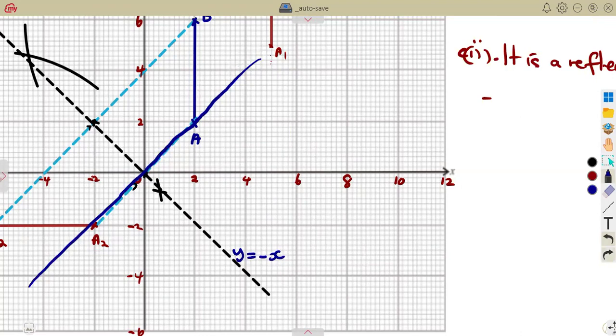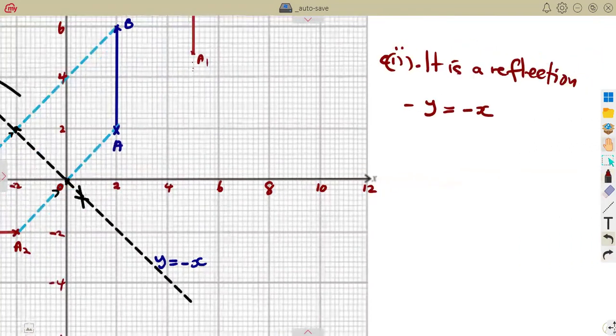So if you know these lines like that, you can just write the equation, or you can formulate your equation from your basic knowledge about equation of a straight line. So that is y is equal to x. It becomes our equation of the mirror line.